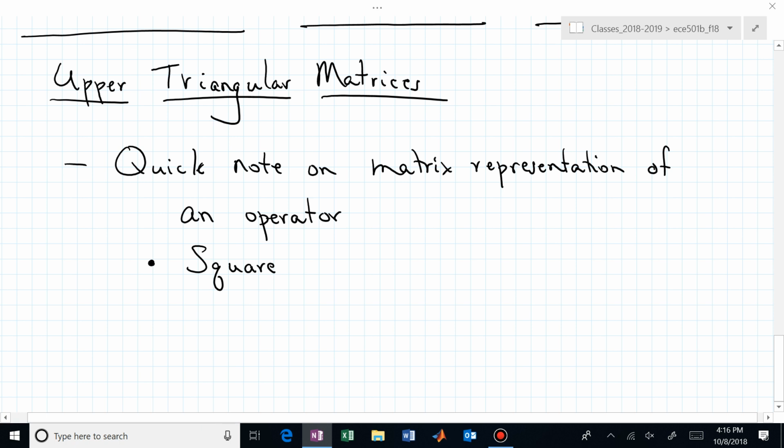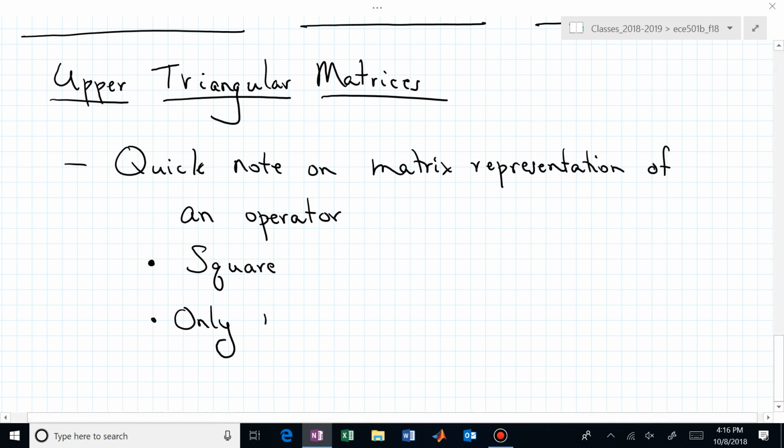We know an operator goes from one space back to itself. And that means that we have a square matrix, and we really only need to specify one basis to get this matrix representation.